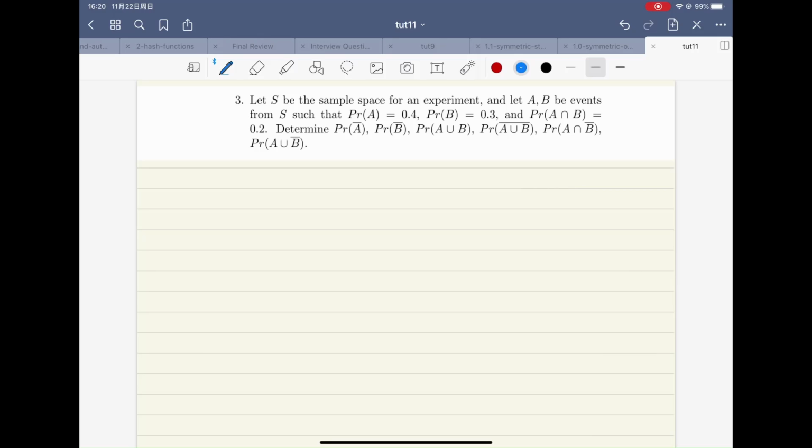Determine the probability of the complement of A, the complement of B, A union B's complement, A intersect complement of B, and A union complement of B.